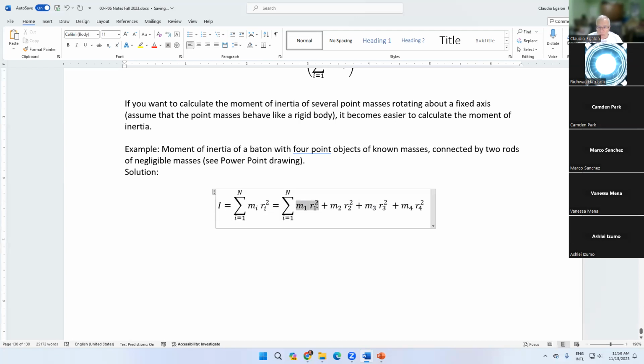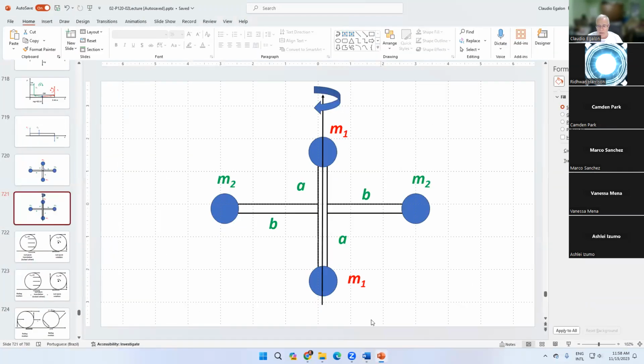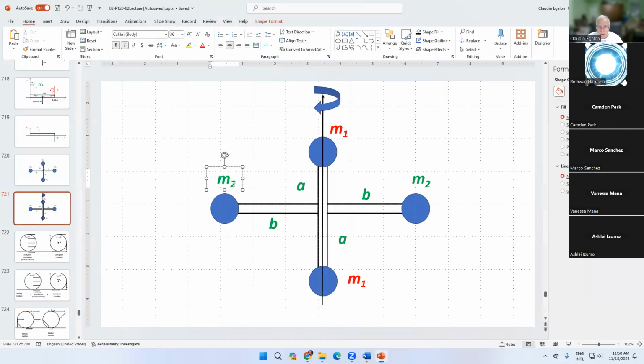I don't need the summation anymore. It's kind of unfortunate notation, so let's see if I can fix that. Instead of M1 and M2, let's put it here: M1 and M3.